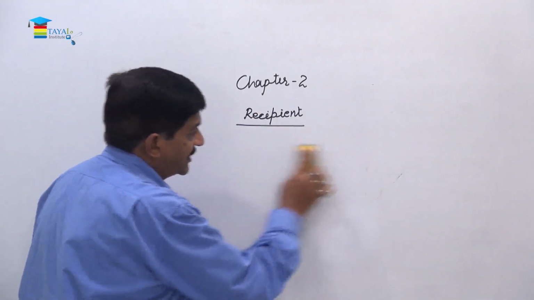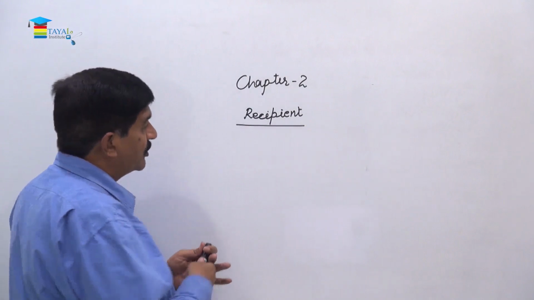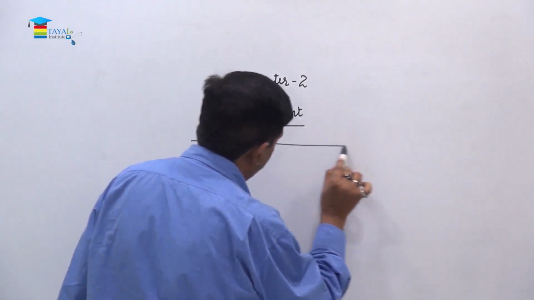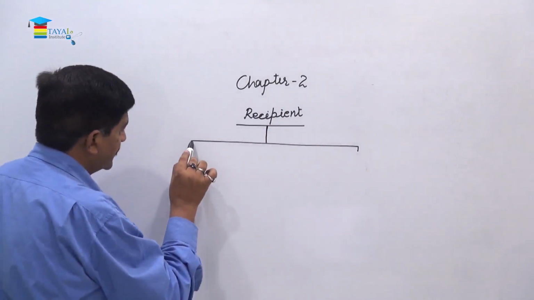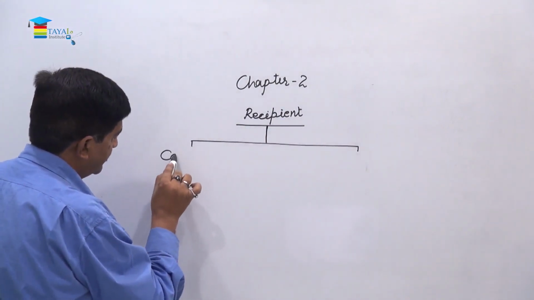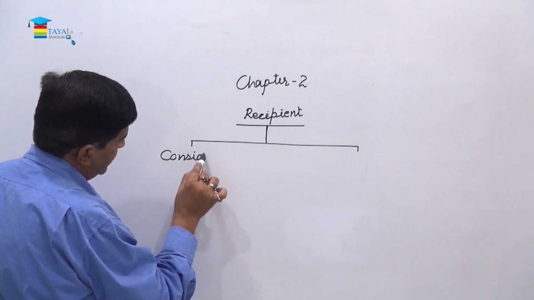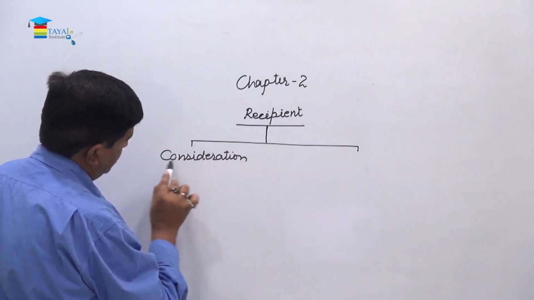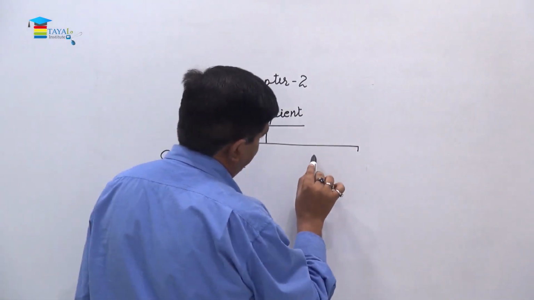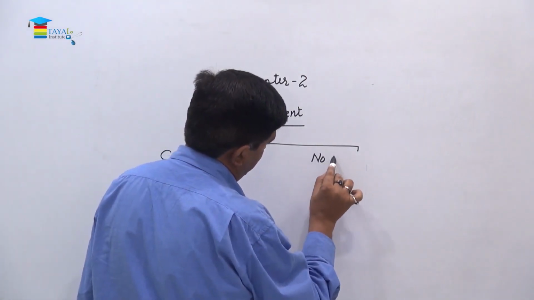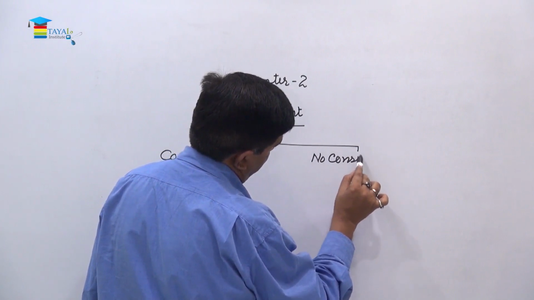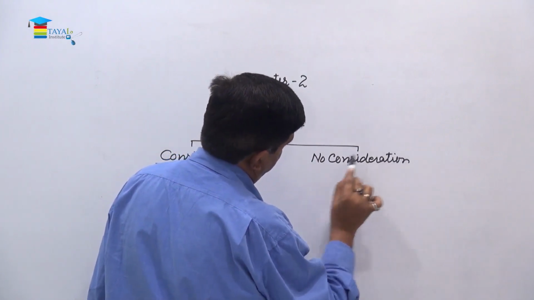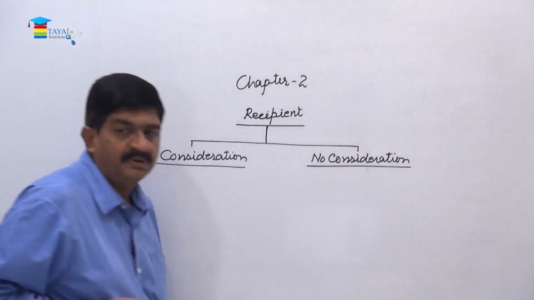So the recipient depends upon whether consideration is involved or not. There is consideration and there is no consideration.